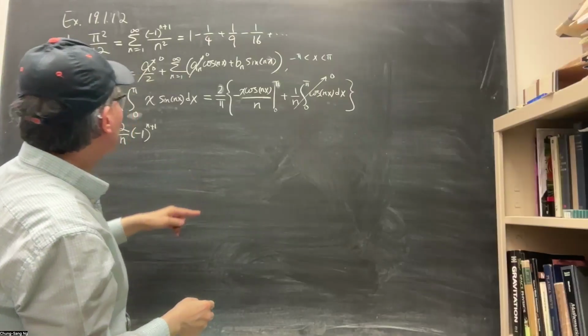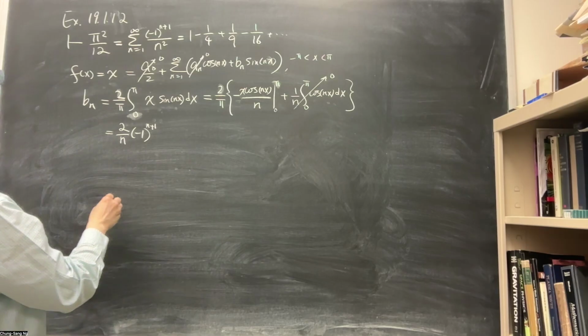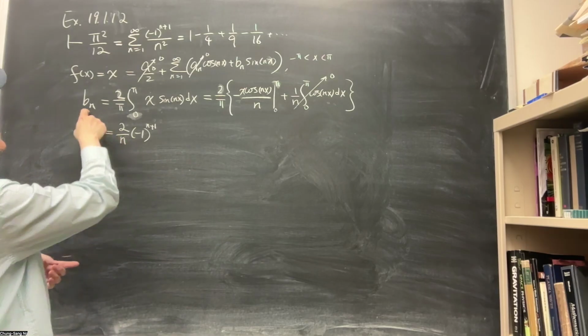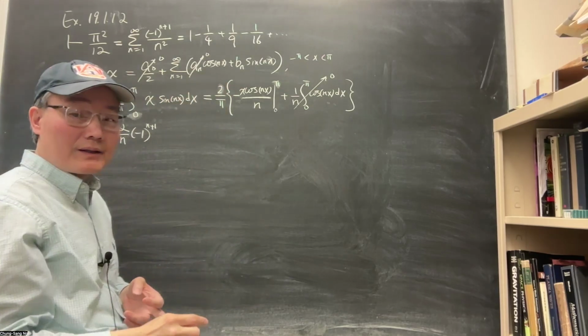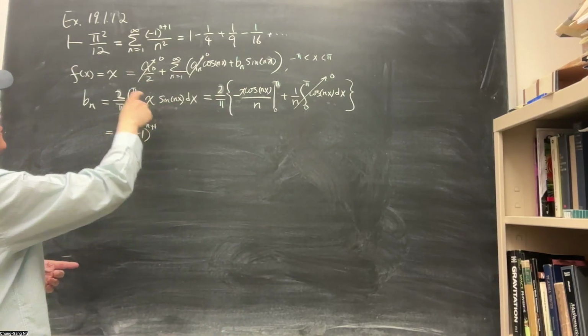Then you can use all the b sub n in the Parseval identity.